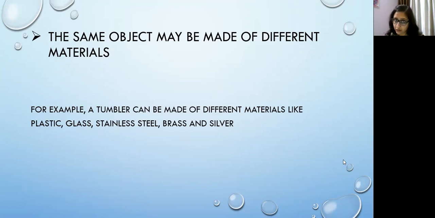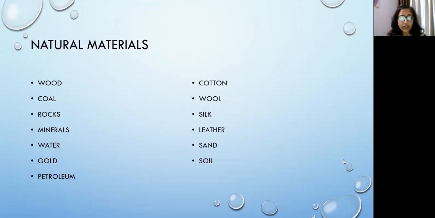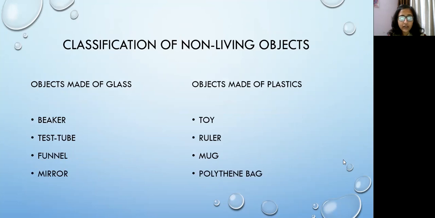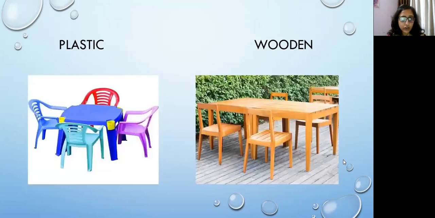Now the points here to note down are, first one, the same object may be made of different materials, है ना? So the same object may be made of different materials. I have already shared an example related to this. So let me show it to you once again.